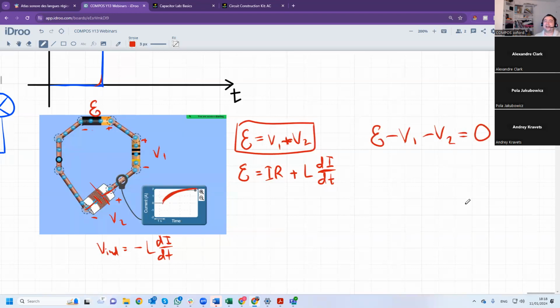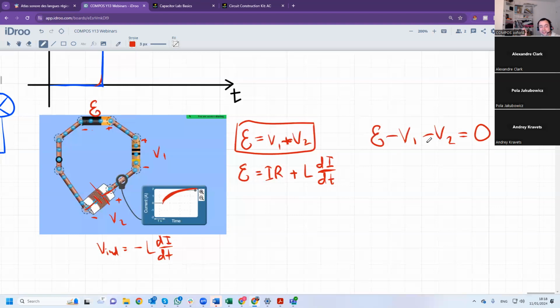But then again, okay, V2 is a drop. Do you put it as a plus or a minus? You see, you always have this question in front of you. In practical applications, you just need to do a sanity check on yourself. Like, is it going to be plus or minus? And then you use that.